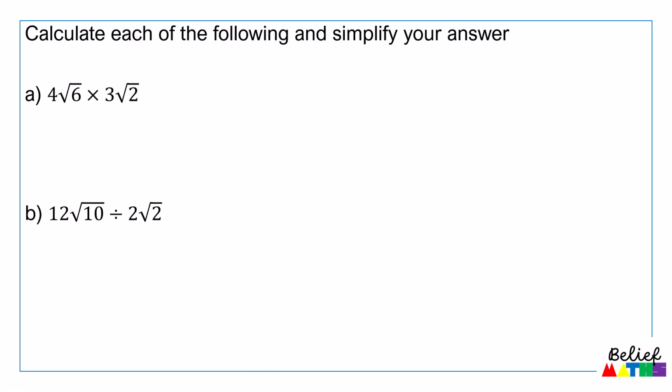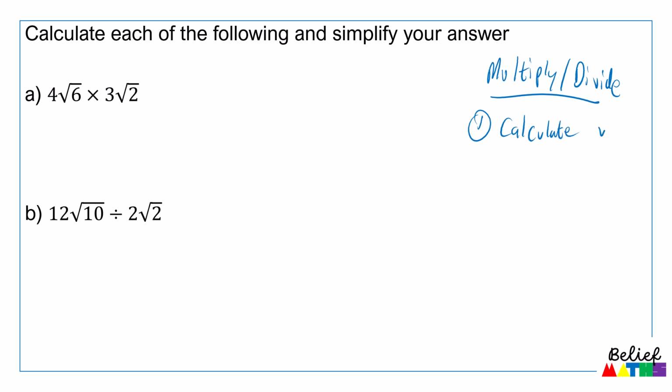Now when it comes to multiplying and dividing with surds, we don't have to apply the same principle as we did when we were adding and subtracting. They don't have to be like surds. What we do when we multiply and divide is we calculate with the coefficients, i.e. the numbers before the surds, and then second we calculate with the surds.